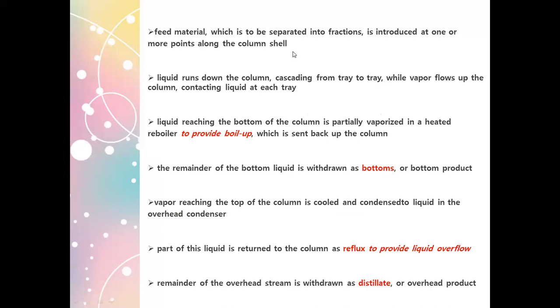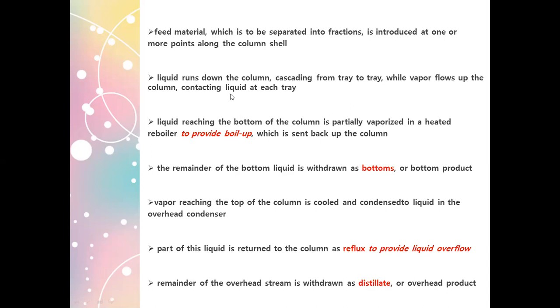It is introduced at one or more points along the column shell. So in our problems here, we will only have one feed material that is to be introduced into our still. Though in the industry, there are really distilling columns that have more than one feed stream into one still. In your case, you'll only be tackling problems where you only have one feed stream.